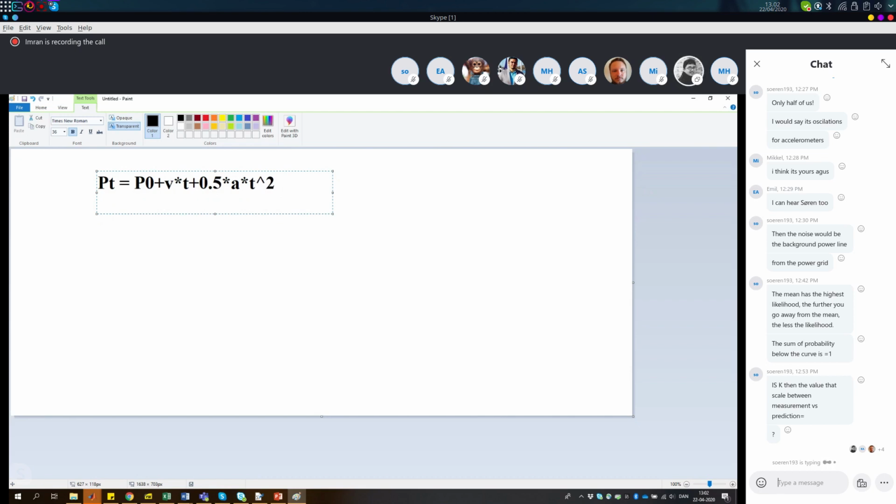So Pt is equal to P0 plus V times t plus half of acceleration times t square. And then how about the velocity? This is actually Vt. So Vt itself is equal to V0 plus acceleration times t.